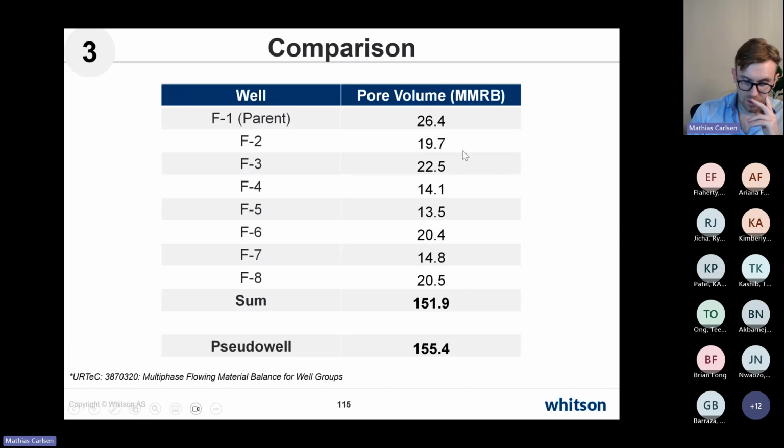The reservoir pore volume in exercise 1 is around 152, and the pseudo well is 155. So very, very similar, the same order of magnitude, off by 3 million reservoir barrels. At least a way to bracket the answer right there.